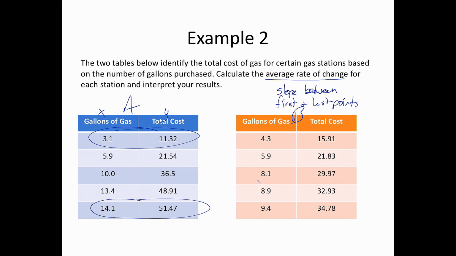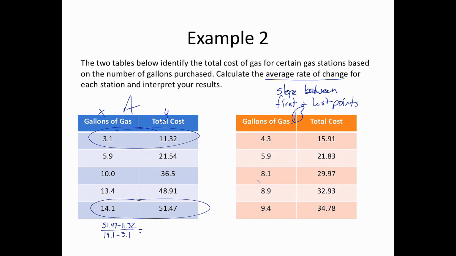So we're going to take the slope, thinking about the slope equation. We take y2, which is 51.47, minus y1, the cost of 11.32, divided by x2, the 14.1 gallons, minus x1 of 3.1.